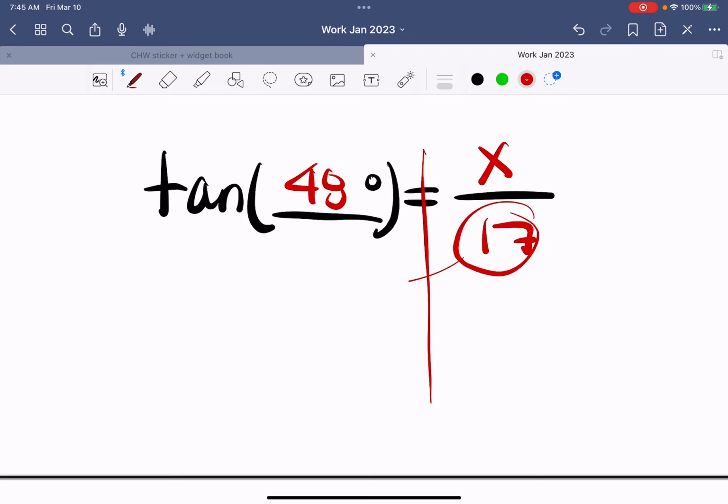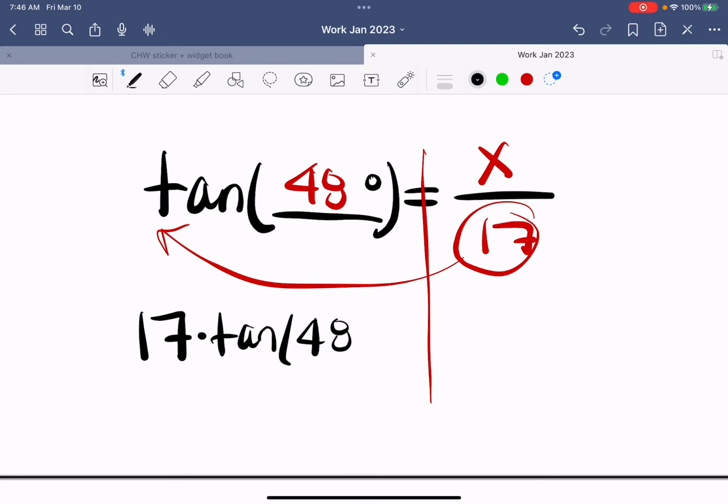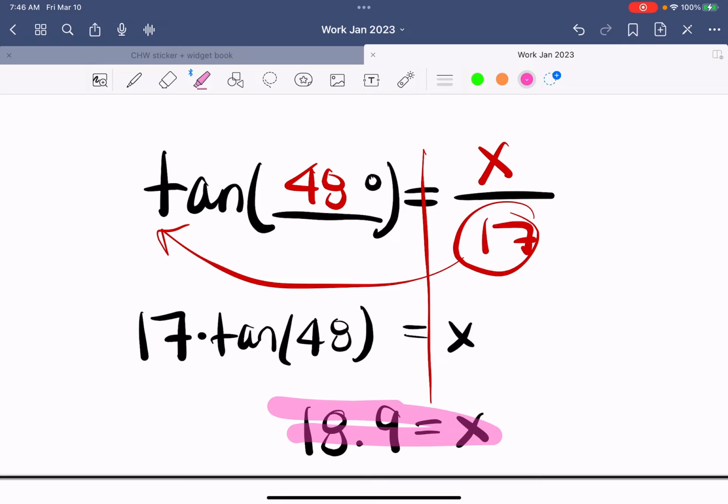I just like to grab it and move it to the beginning. So it's going to be 17 times tan 48, and you type that into your calculator, and that would give you the decimal answer. 17 tan 48. And it would be 18.9 equals X. And there you go. That would be your answer.